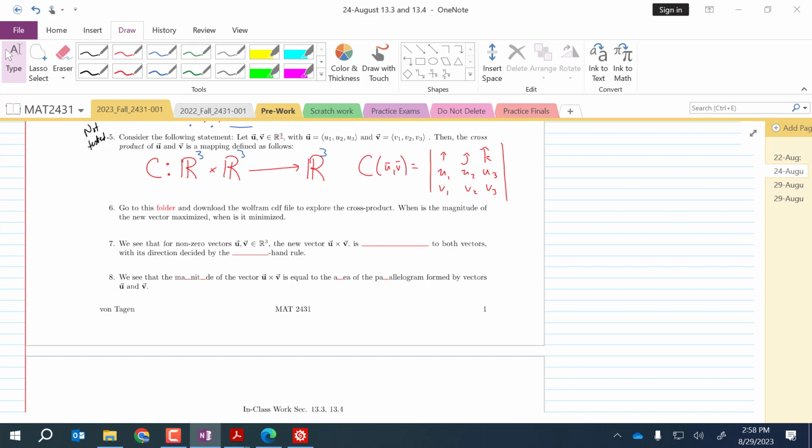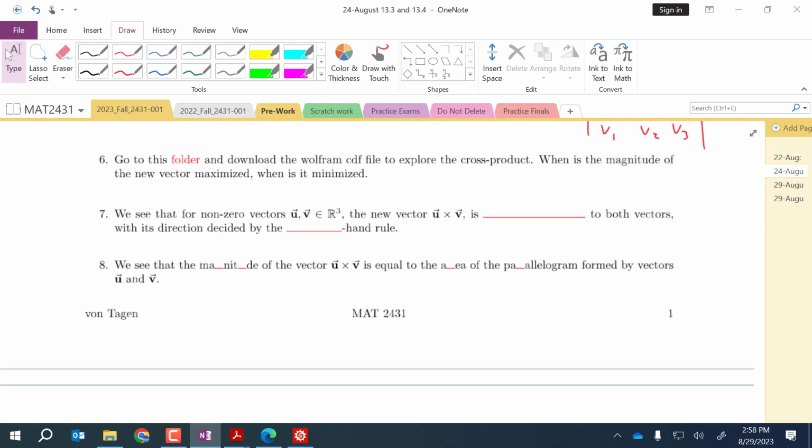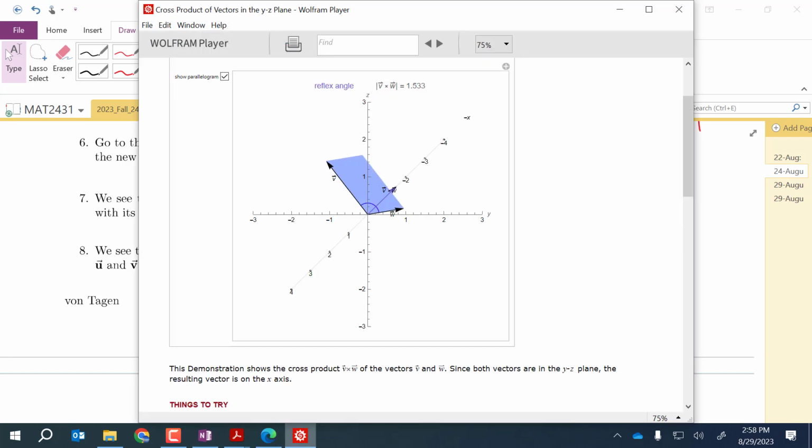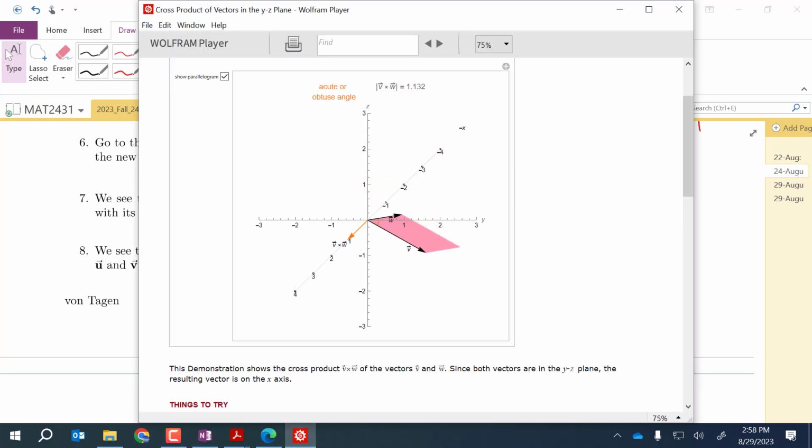So again, what we just saw in that demonstration is that u cross v, the new vector, was what? Well, if you follow that right-hand rule, that new vector is orthogonal to both of the other two vectors. Everyone see that in that demonstration? Should I go back to that? This cross product vector right here is orthogonal to both of these vectors that were constructed, right?